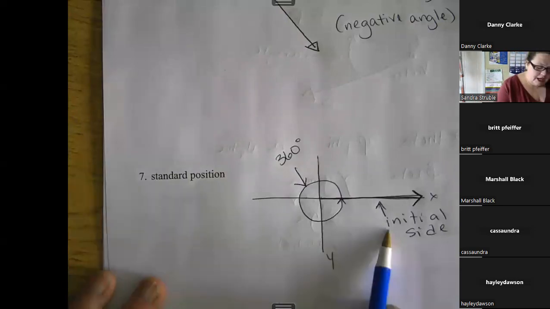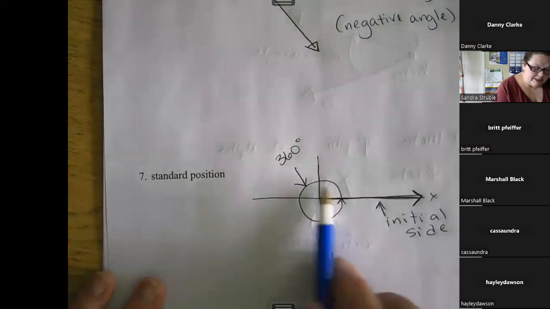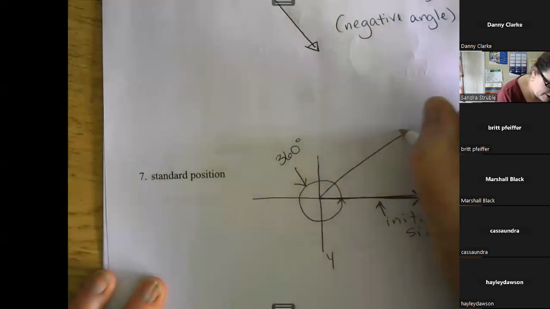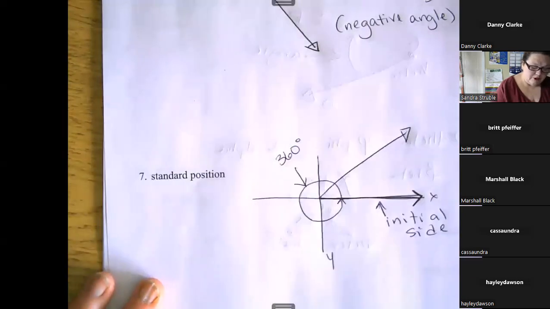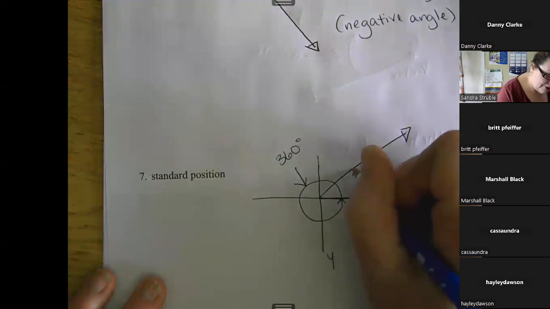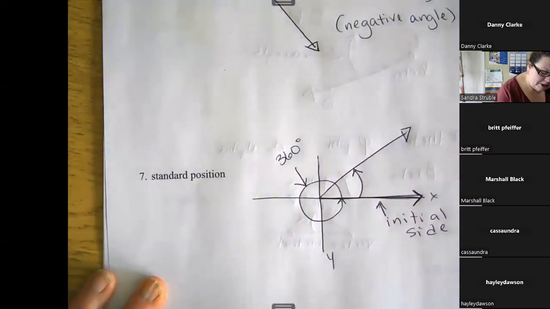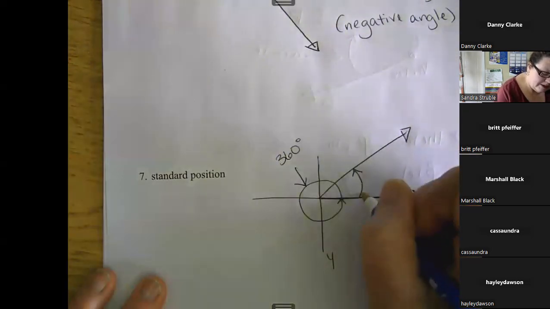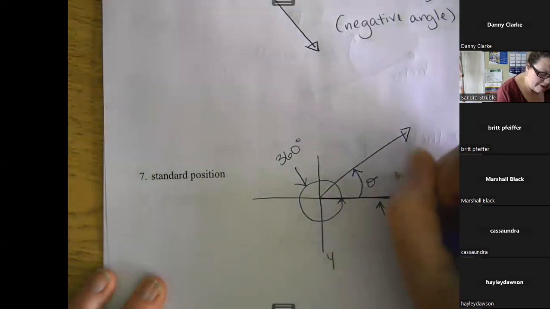So we've got an initial side. Let's say this is the terminal side. To find the angle created from this, theta is going to be positive.